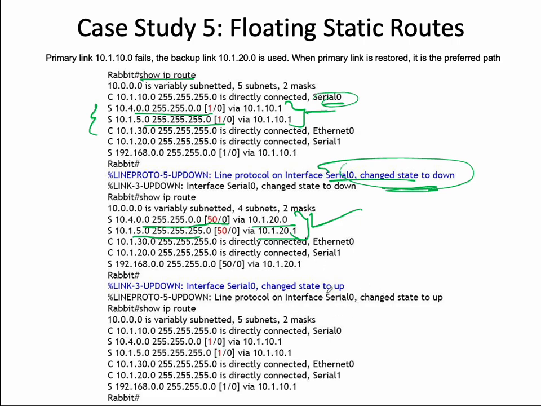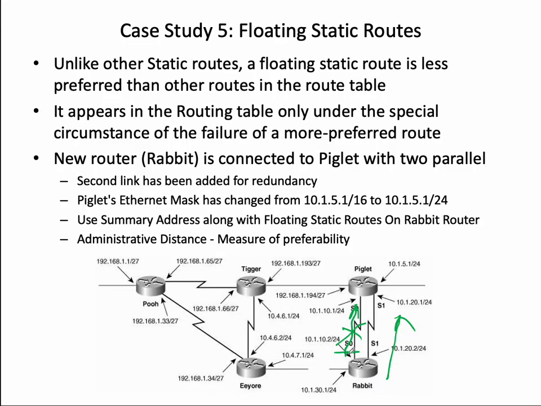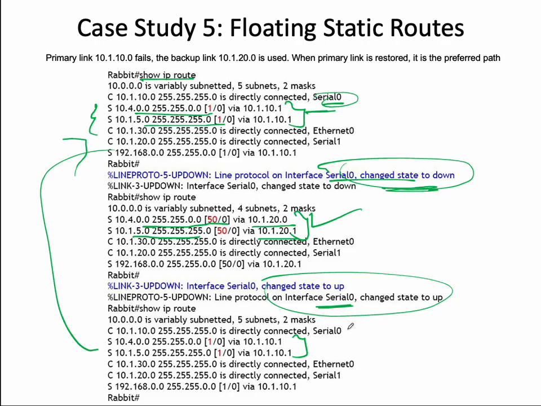And now if you simply bring back up serial 0, it goes back to your original state. It's like, hey, now I know the link serial 0 is up, so I want to stop forwarding this way. It will go via this link. So these are the floating static routes.